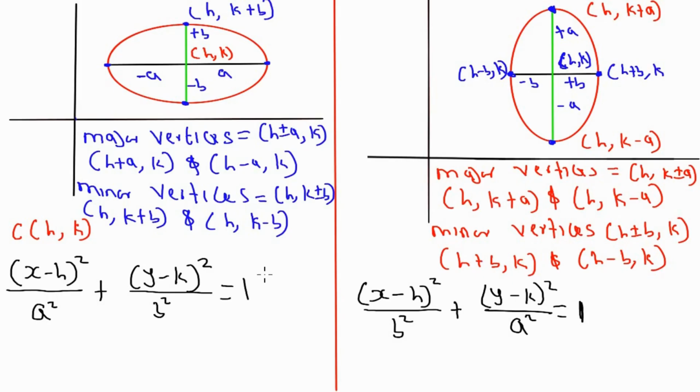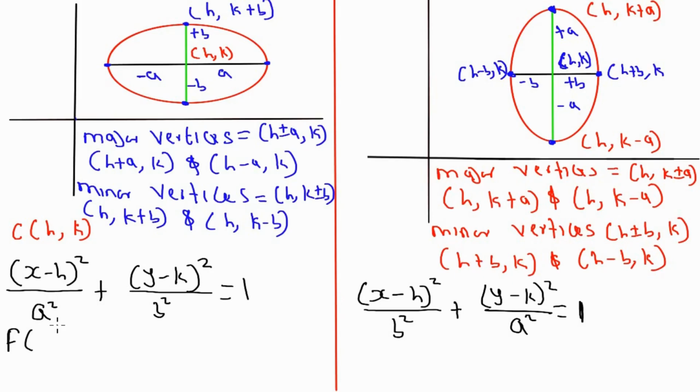Now that we know their equations, we can discuss the coordinates of the foci. Remember, the foci is with respect to c. However, c is some distance away from the center of the ellipse along the major axis, and it will be between the coordinate of the major vertices and the center of the ellipse.